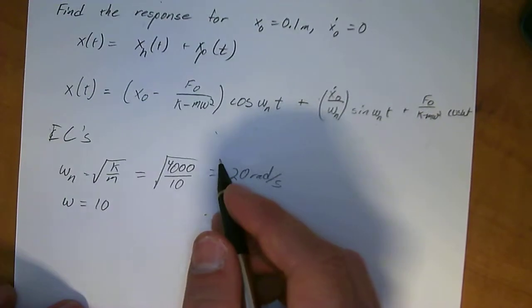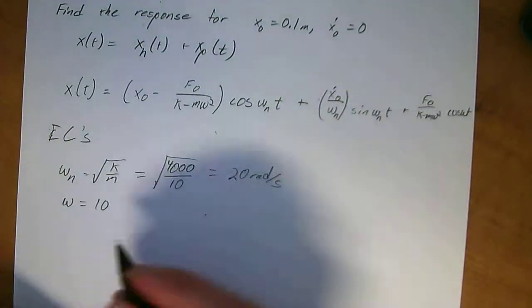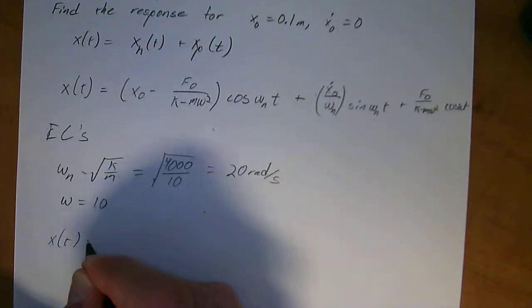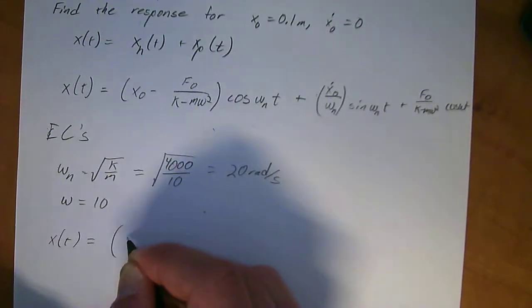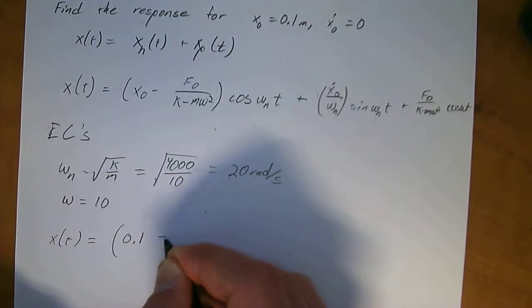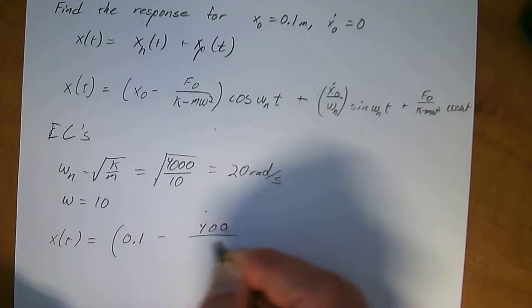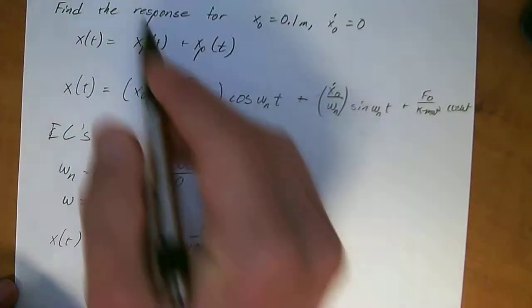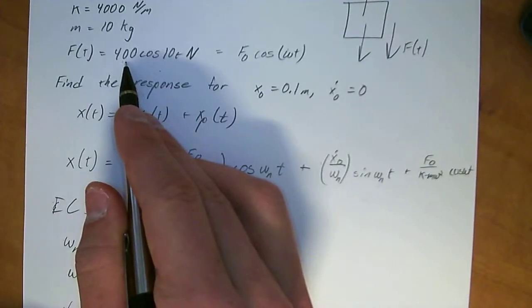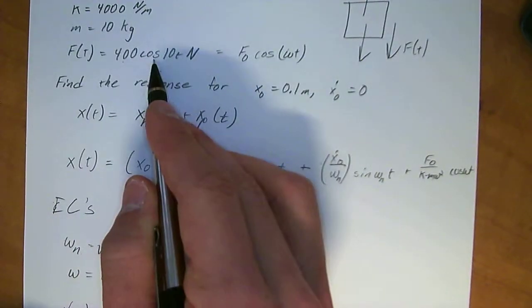We can substitute these all into this equation, and if you do that, you get x of t equal to 0.1 minus 400 over 4,000 minus 10 times 100... the 400 comes from up here, where F naught is equal to 400.